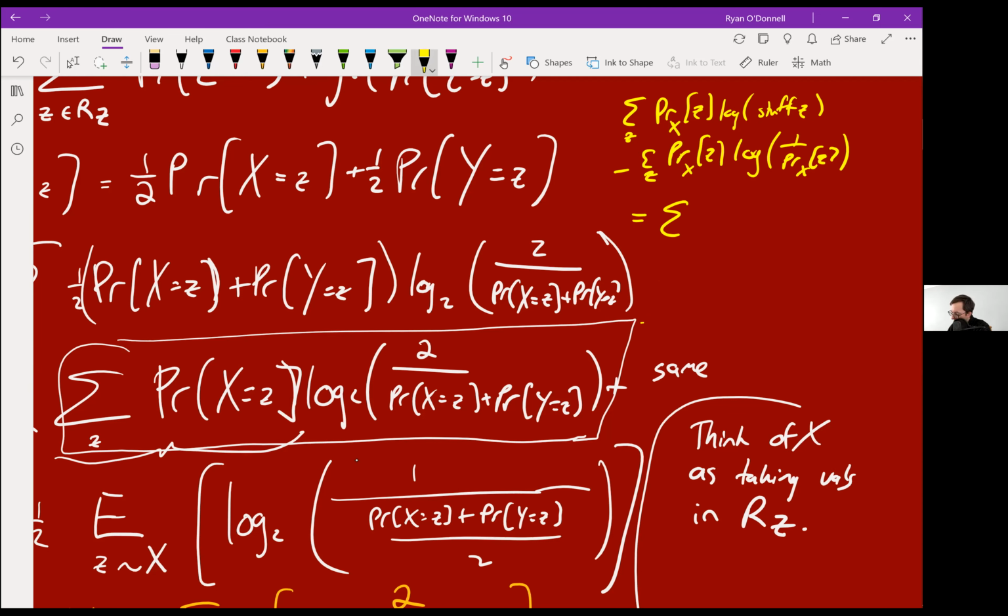So you'll get the sum over Z, probability X of Z, and then log of probability X Z times whatever this stuff involving Z was. If you multiply it by this, it's still not looking that great, actually.